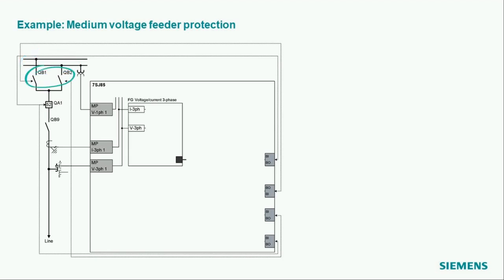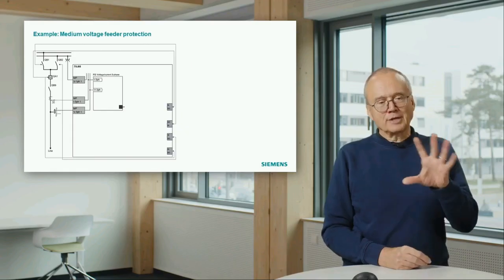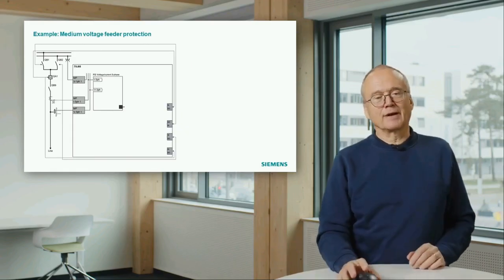You have two isolators where you can connect the feeder to one of the two bus bars or even to both bus bars. Then you have the circuit breaker, you have the line side isolator, then you have the current transformer, the line side voltage transformer, and in this case we also have a voltage transformer on the bus bar, which we, for instance, need to have a synchro check functionality. So, and all these things are connected to the device.